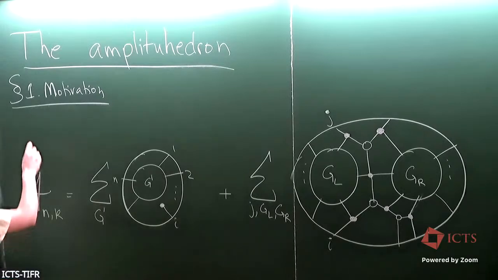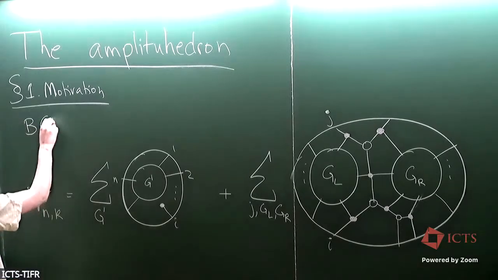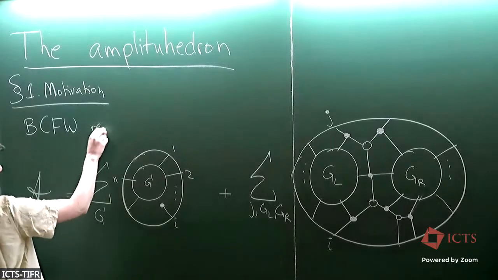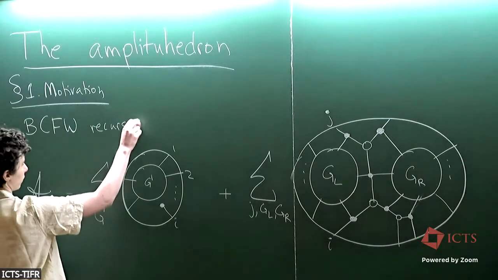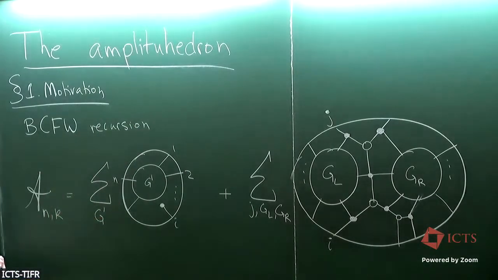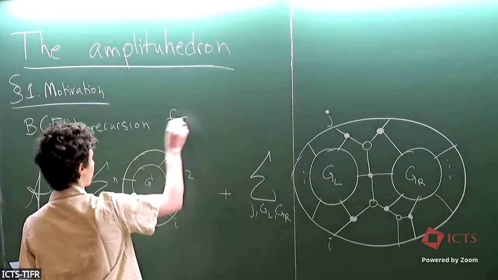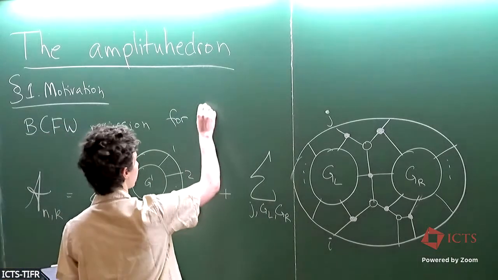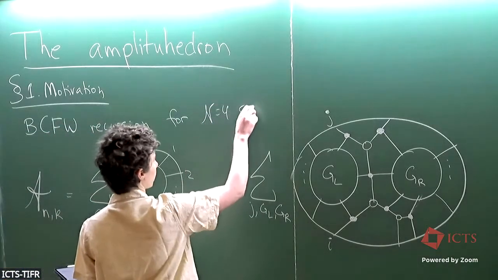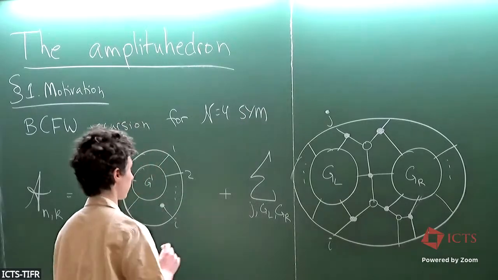And it's called the Britto-Cachazo-Feng-Witten recursion. Their paper is from around 2005, so this is maybe not such an old method. This is a recursion for N equals 4 super Yang-Mills amplitudes.